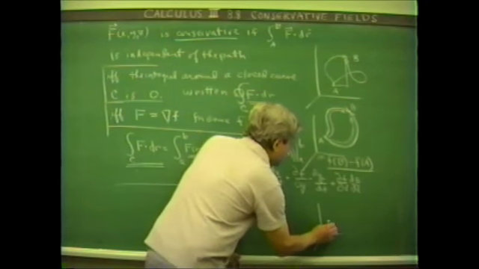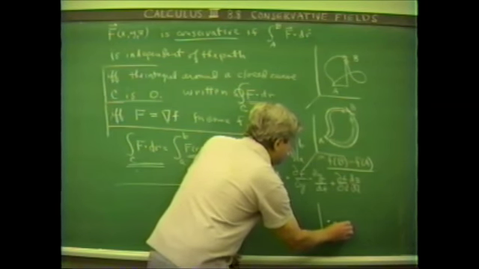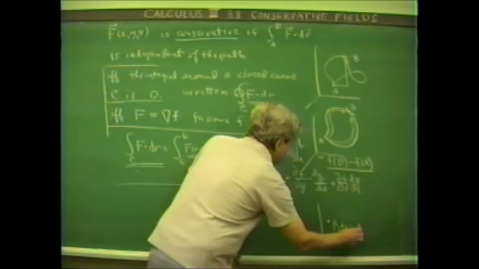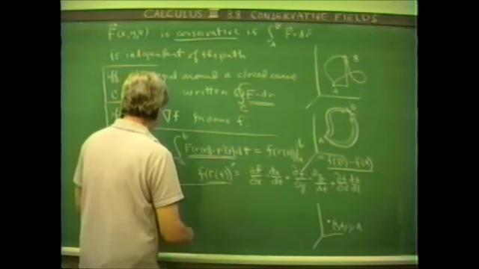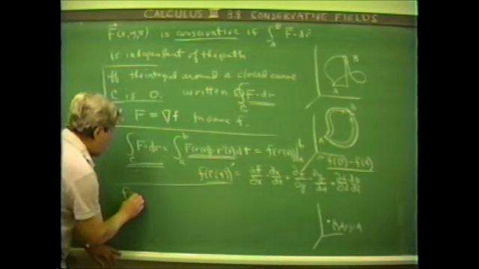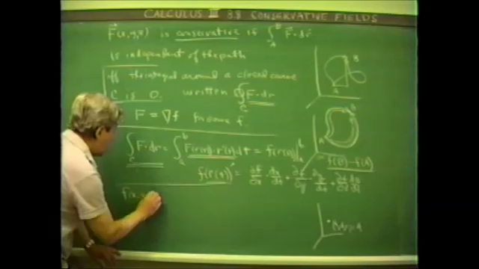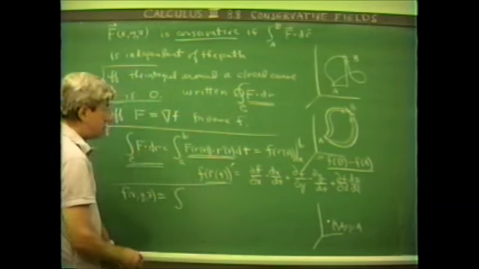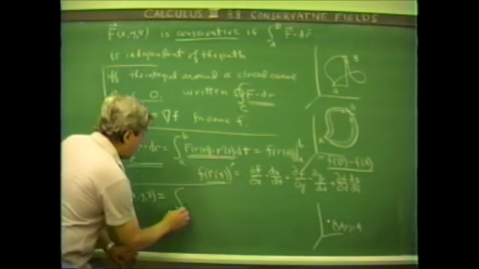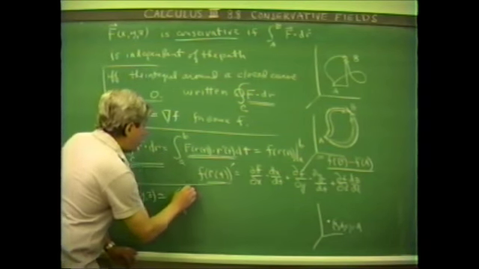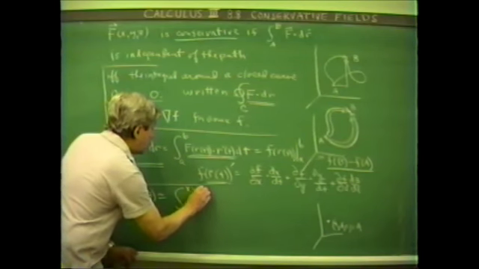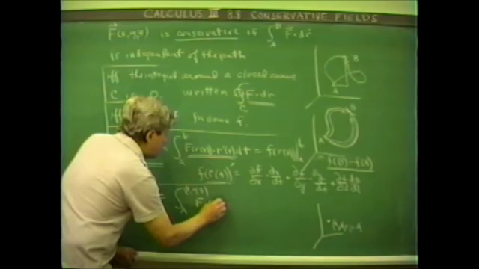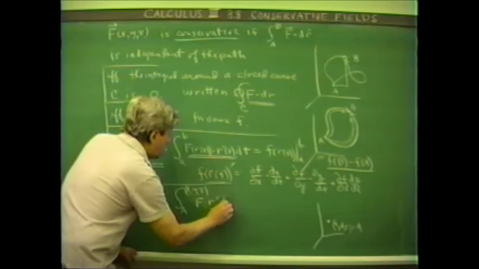One can fix a point, let's say (a, b, c) equals A, and define f of x, y, z to be equal to the integral from A to (x, y, z) of F dotted with r prime of t dt.